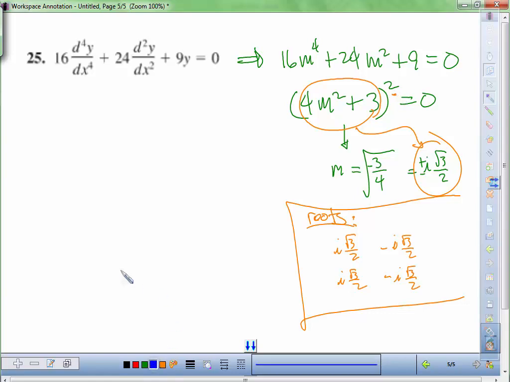Just like if you have x minus 1 quantity squared equals 0, you solve for what's inside, but then it happens twice, so you count them twice. Your roots are 1 with multiplicity 2. Here you have 2 roots that are being counted twice, so these are your 4 roots. You got 4.